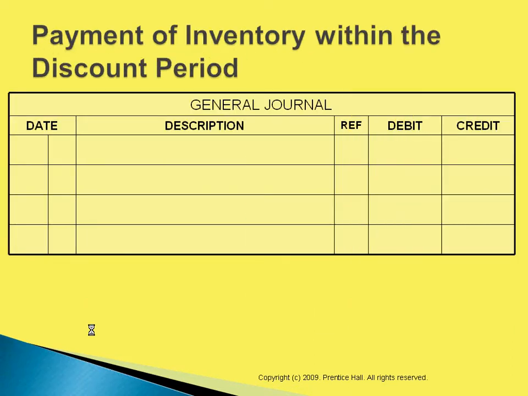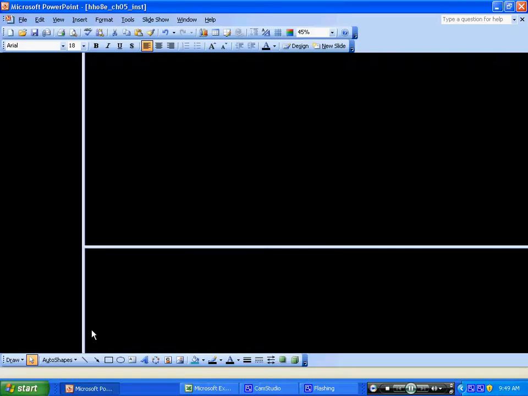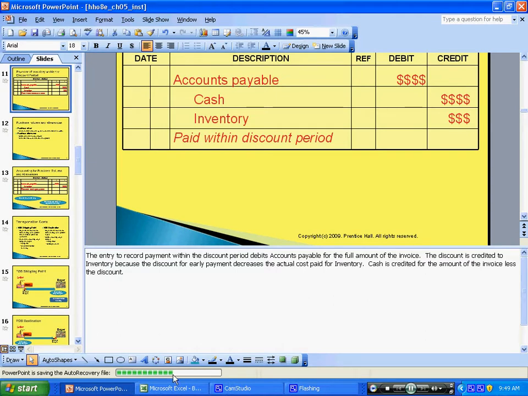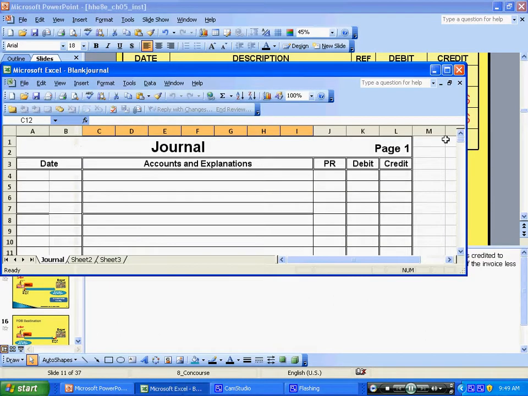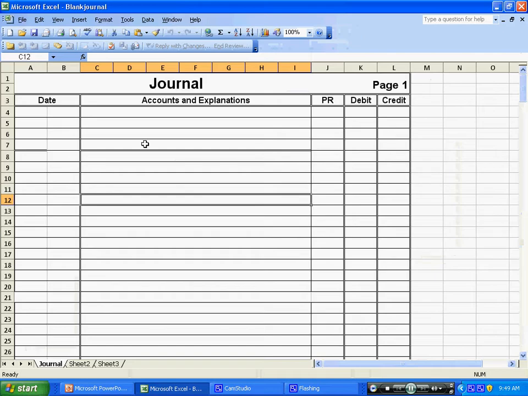Moving forward, S5-2, and that would be on page 283. Okay?